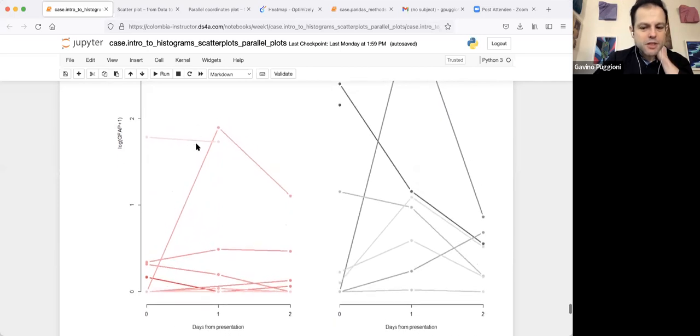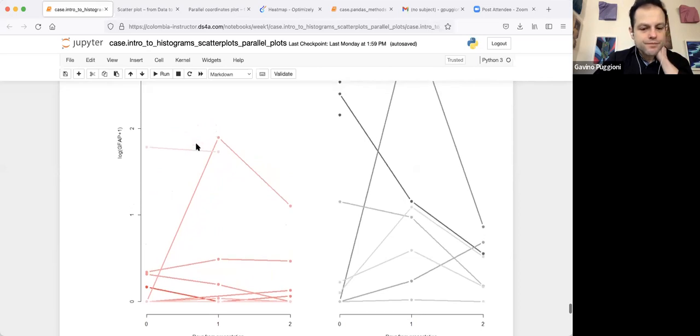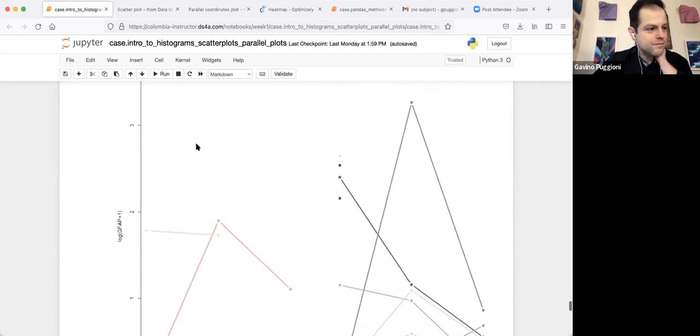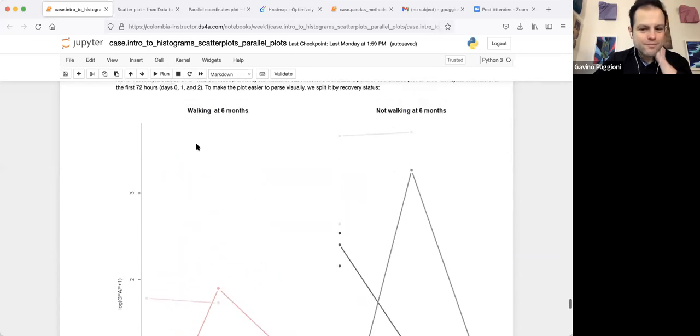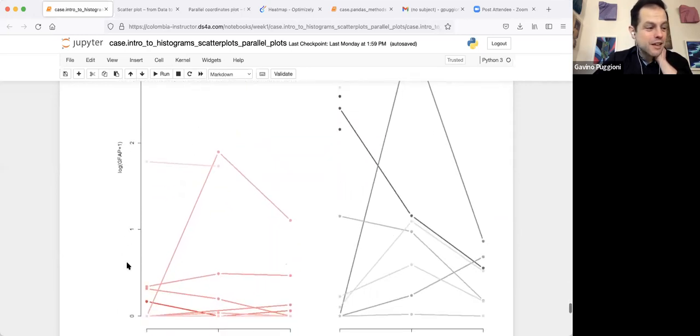Take a few moments to look at these plots. Remember that before we were just considering the GFAP at the beginning.